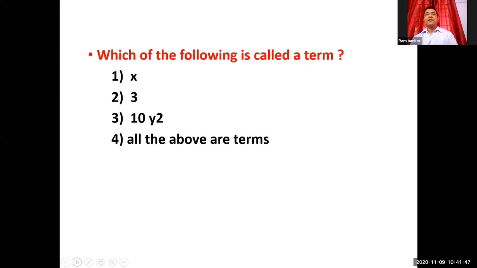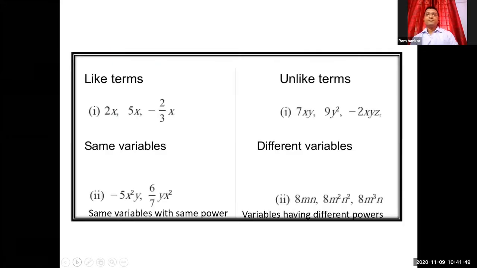Take the next slide. Dear students, we will come to know like terms and unlike terms by this slide. Look at the left side column, like terms: 2x, 5x, minus 2 upon 3x.